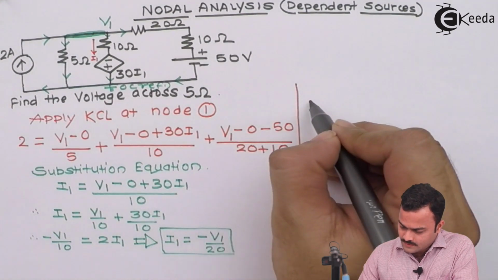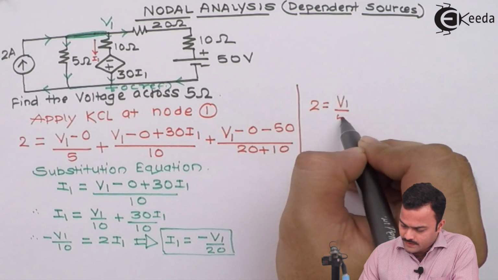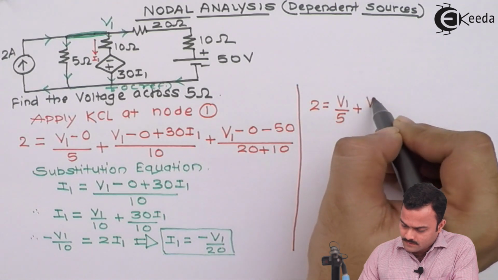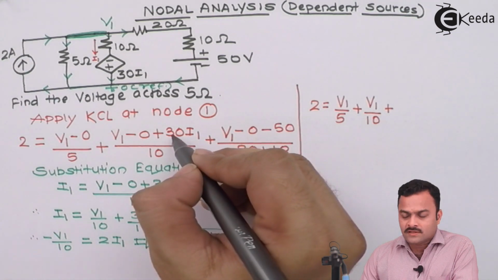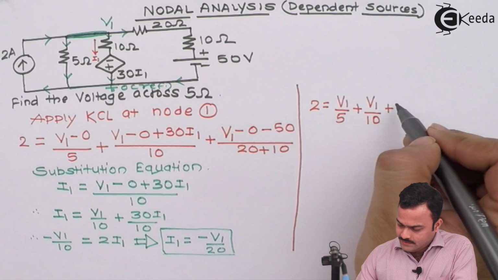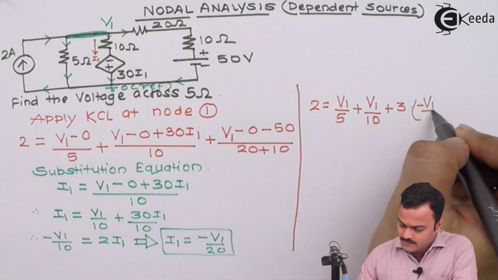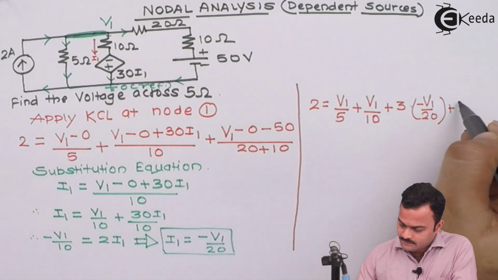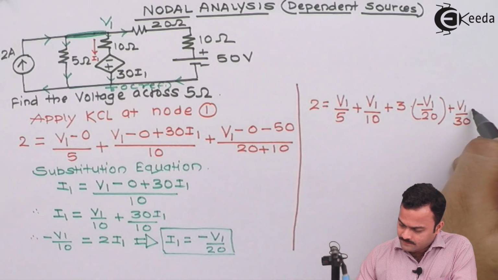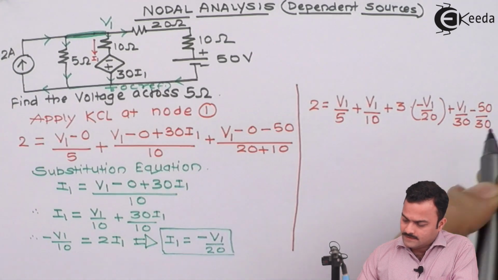So what will we get? This equation will become 2 equal to V1 by 5 plus V1 divided by 10 plus, we know 30 by 10 is 3, so 3 times I1, which is minus V1 by 20, and over here this will be V1 by 30, and this will be minus 50 divided by 30.